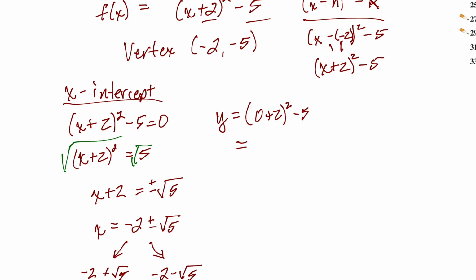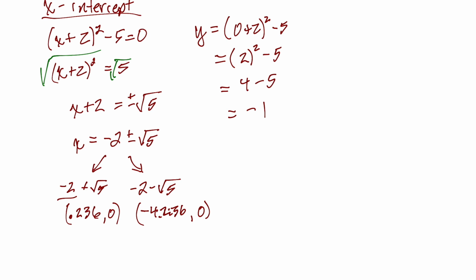So simplify this, and we get, let's see, 0 plus 2 is 2. 2 squared is 4. 4 minus 5 is -1. Everybody in the back see that okay? So that tells me that the point 0, -1 is a y-intercept.